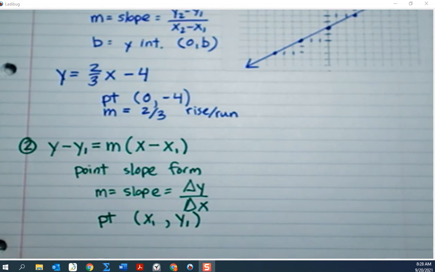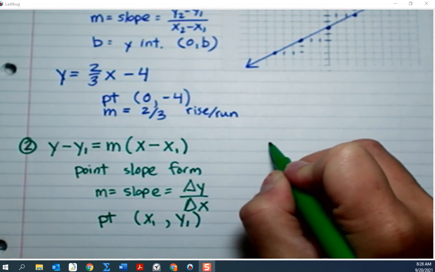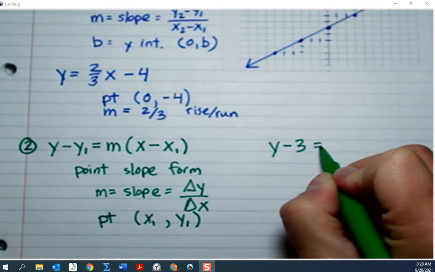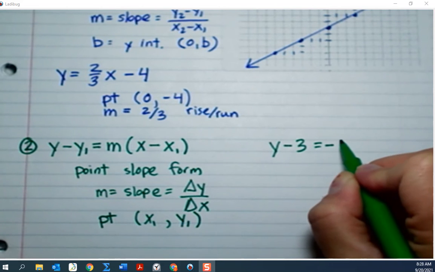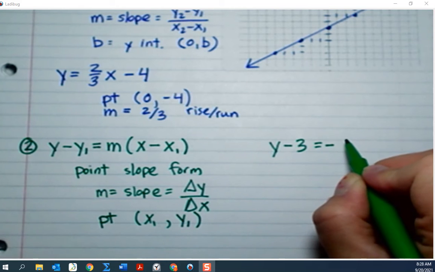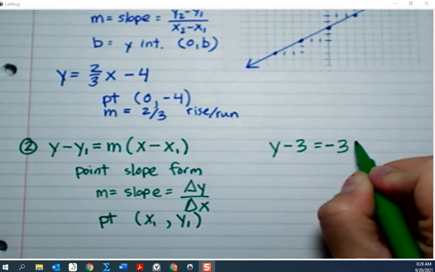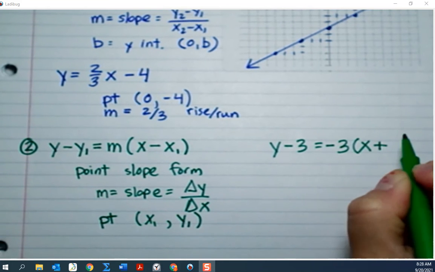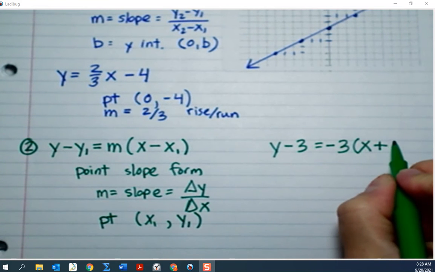Equation. I'll just put it over here. y minus 3 equals negative 3 parentheses x plus 4.